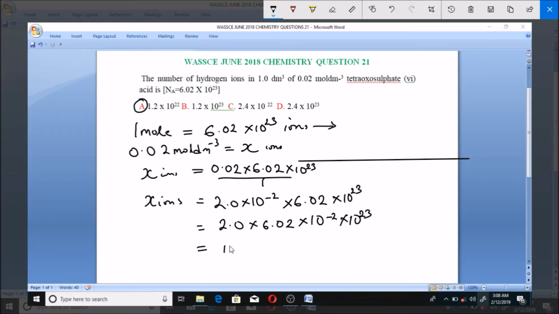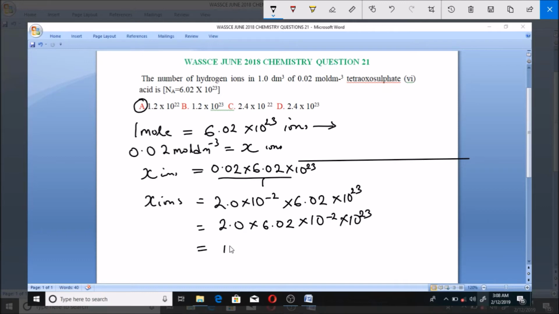We know that 1 mole contains 6.02 times 10 to the power 23 ions, which is the Avogadro's number. So that is the definition of what a mole is. So we are supposed to know that. But this time around we are given 0.02 mole per dm cube and not 1 mole per dm cube. So this 0.02 mole per dm cube is going to give us X number of ions.